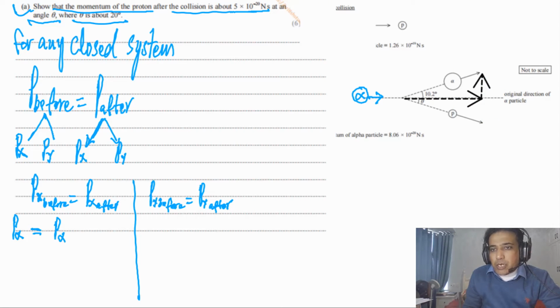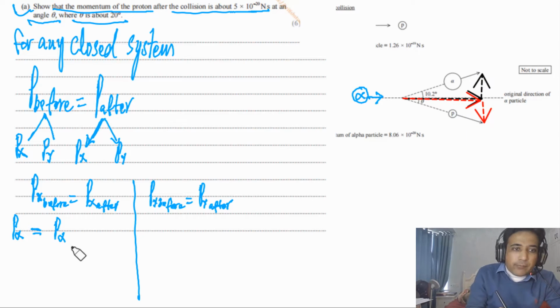And proton also has 2 components. It has 1 component along x-axis and it has 1 component along y-axis. So after collision we have momentum of alpha particle along x-axis plus we have momentum of proton. For this question we need to calculate momentum of proton, so we need to find out momentum of proton after.